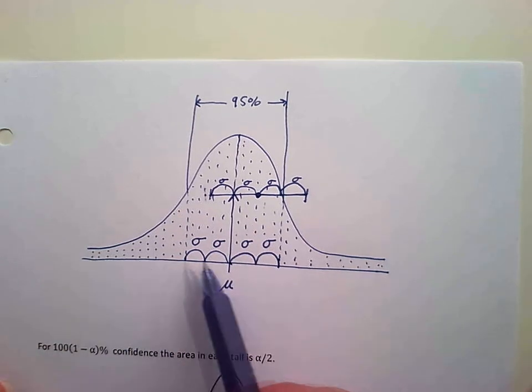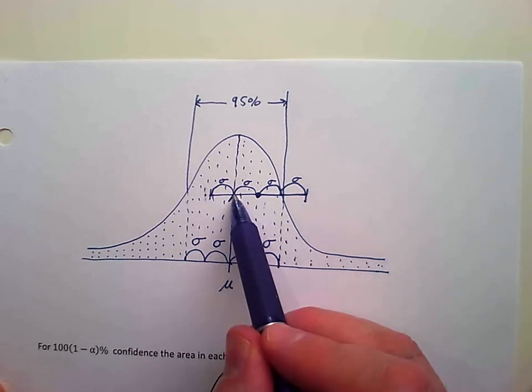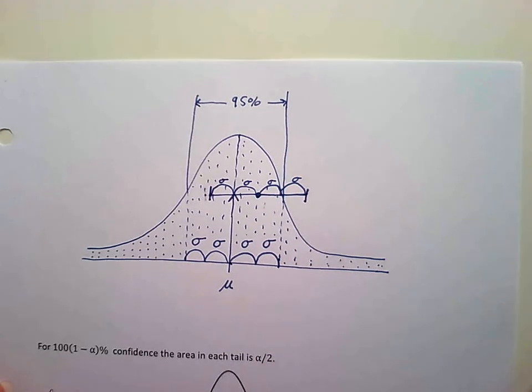Think of it as a number line that goes from here to here. Here you have some value. This value is definitely going to be a value that's contained within the interval from here to here.